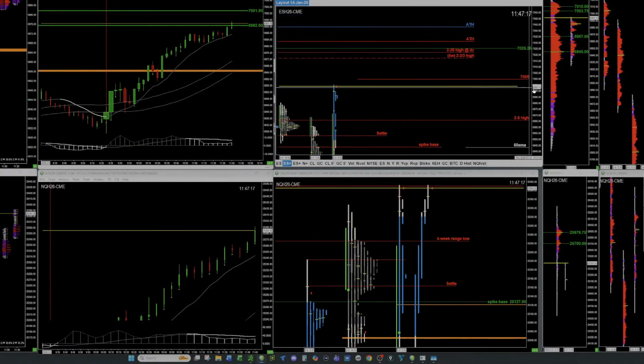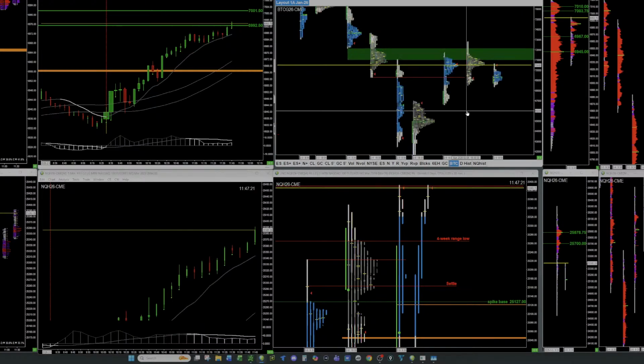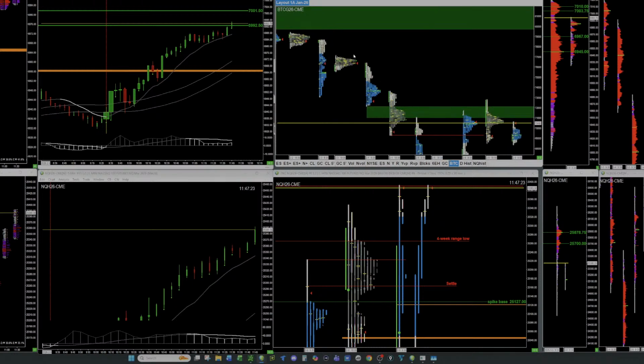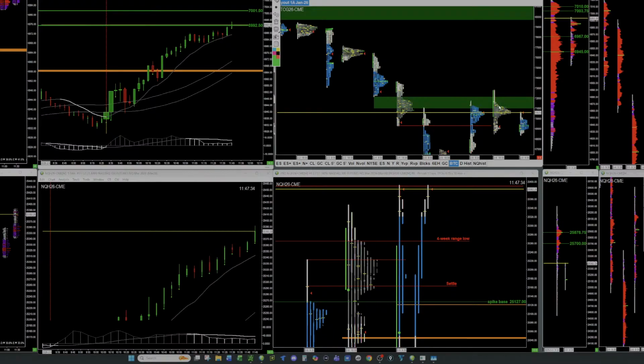This is short covering. In Bitcoin, something I noticed is this flat top. I think this flat top is something that this market may deal with this week, and that's 79, almost 80,000.